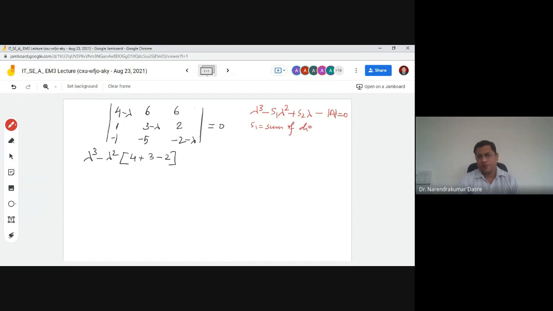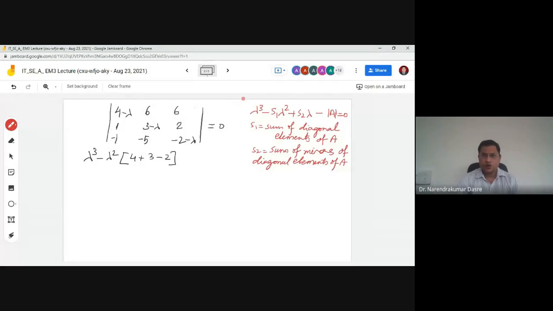So S1, what do you have? Sum of diagonal elements of A. And what is S2? S2 is sum of minors of diagonal elements.